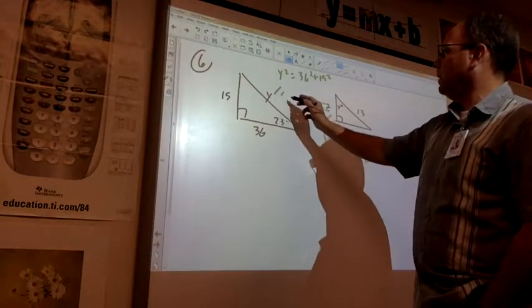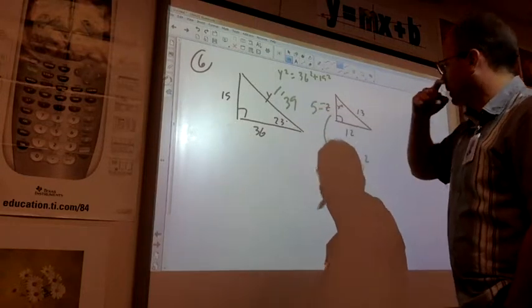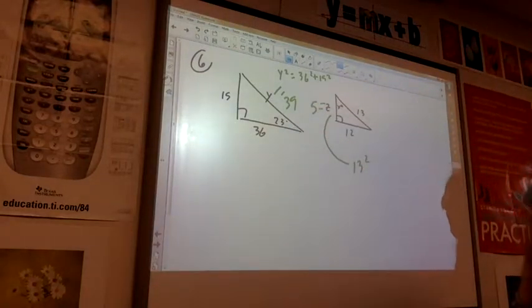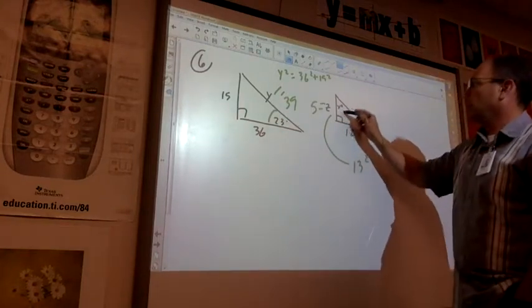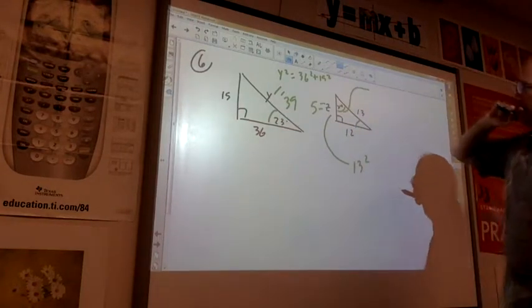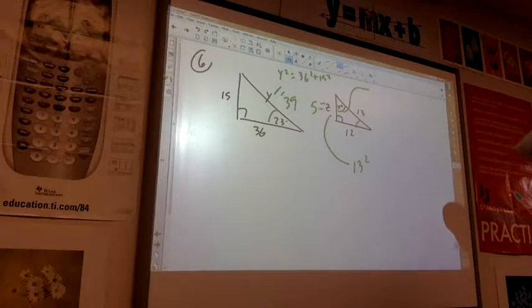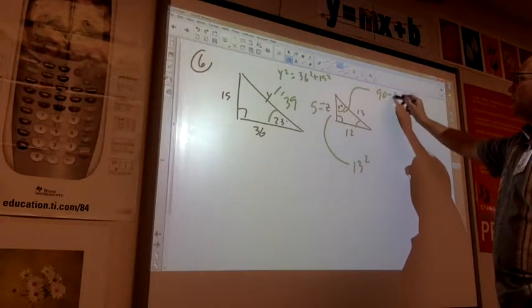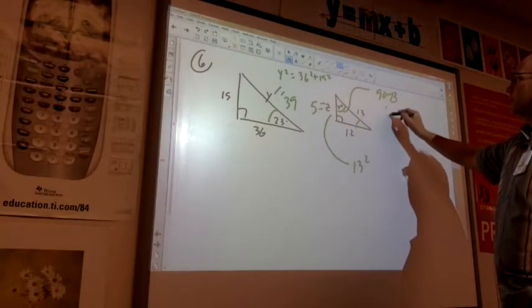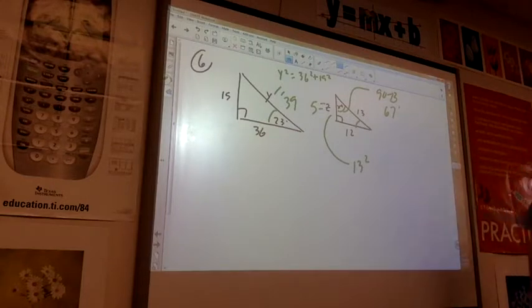So that has to be 39. Our scale factor, if this is 23, that means this has to be 23, which then means that has to be, oh, no, never mind, I can't do that. It happens. So that's 90 minus 23, which is 67. That's number 6. And so your scale factor is 3 to 1. It's triple.